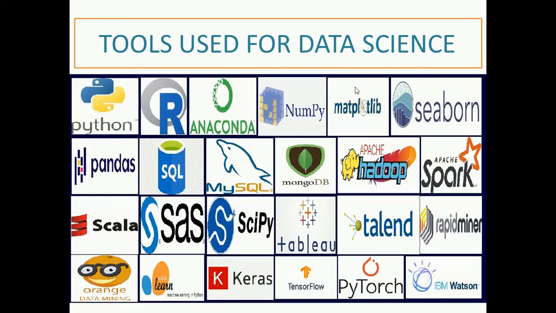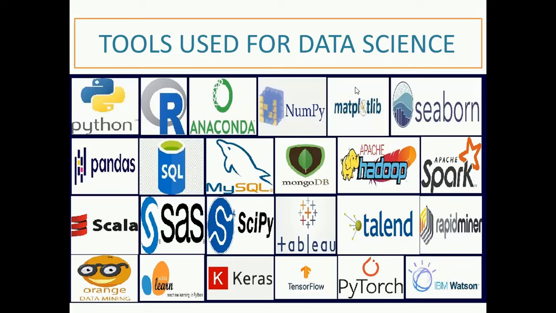Anaconda is an IDE used for development of programs or software. NumPy is a data analysis tool, Matplotlib is for data visualization, Seaborn is for advanced data visualization, and Pandas is for data analysis and data cleaning. Then SQL, structured query language, is used for database communication.